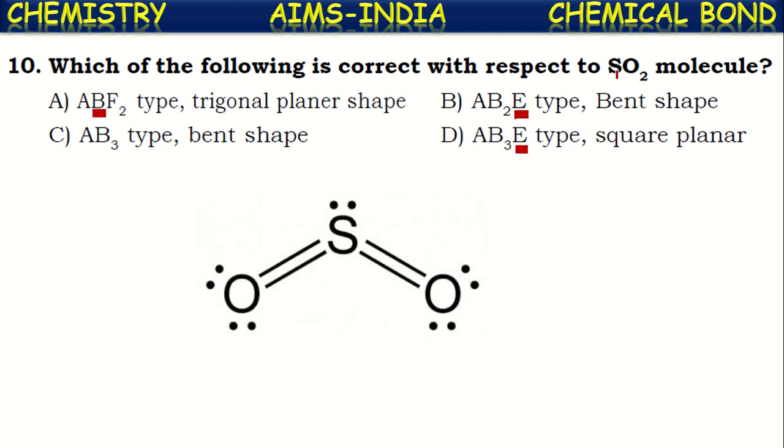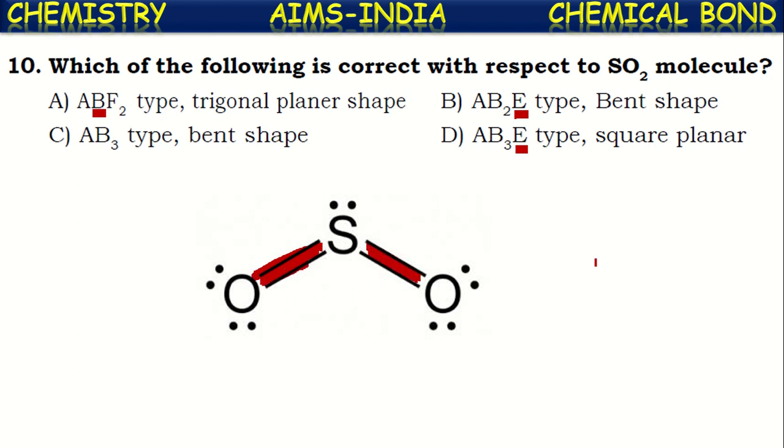While predicting the shape of the molecule according to VSEPR theory, we consider multiple bonds between two atoms as a single bond, because multiple bond formation has no effect in predicting the shape. So this can be considered as one bond pair altogether, and this can be considered as one bond pair.